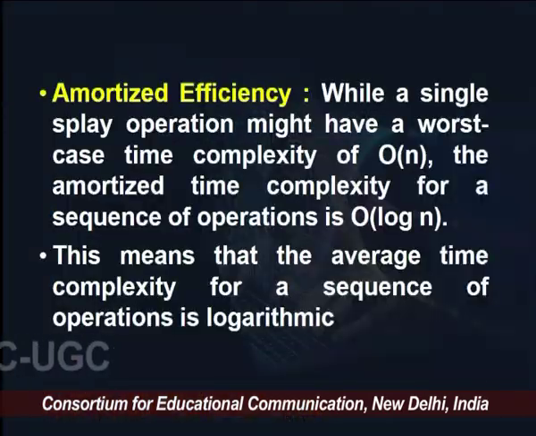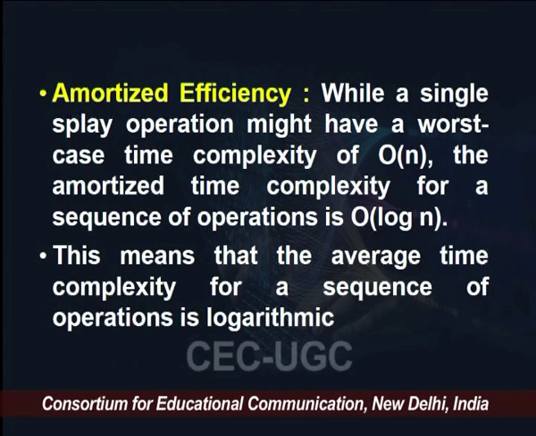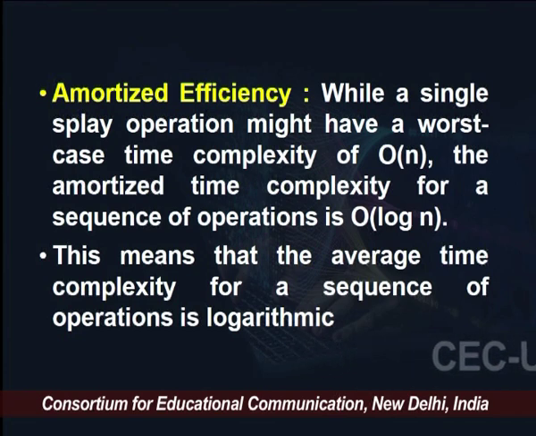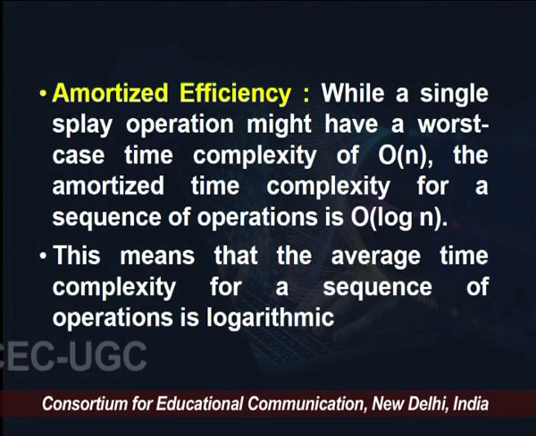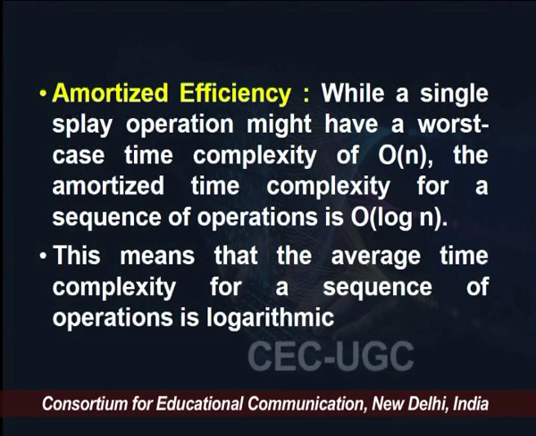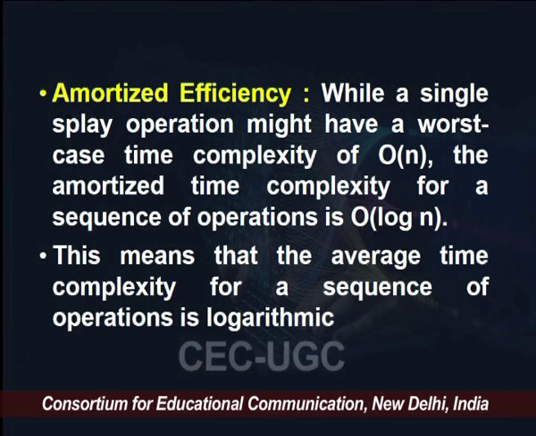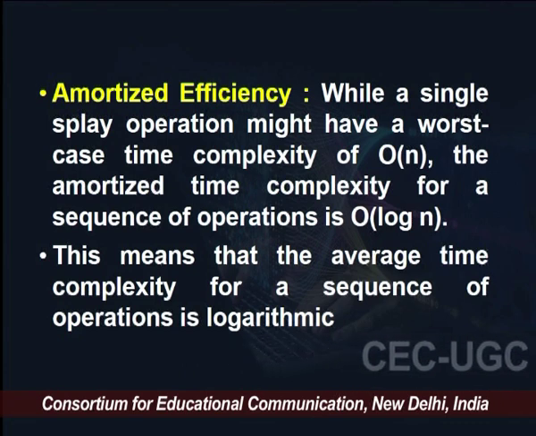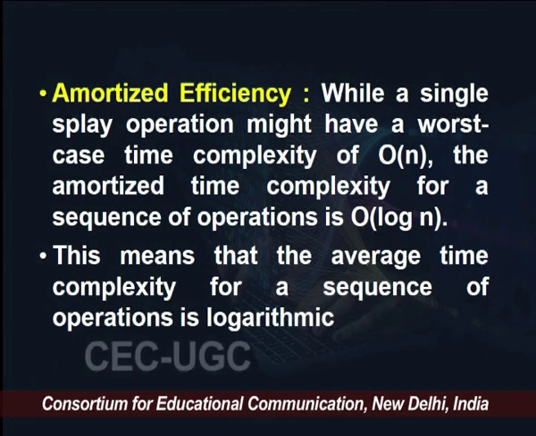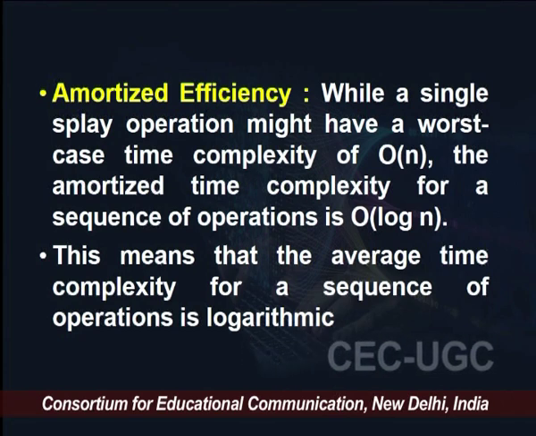Amortized time complexity we adopt in those situations where a single operation can be expensive while the other operations are non-expensive. Searching, insertion and deletion in binary search trees are non-expensive operations, but when it introduces this self adjustment, or splaying, a single splay operation might have a worst time complexity of order n, while the other operations are generally of order of their height, and I have already told you that height is shallow.